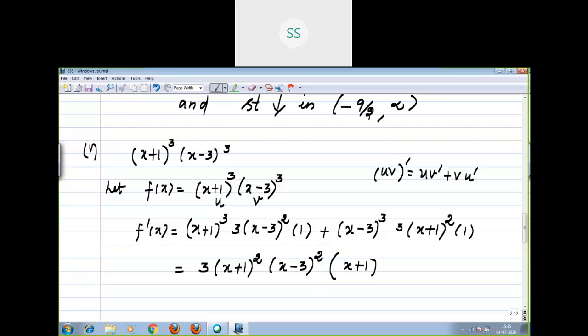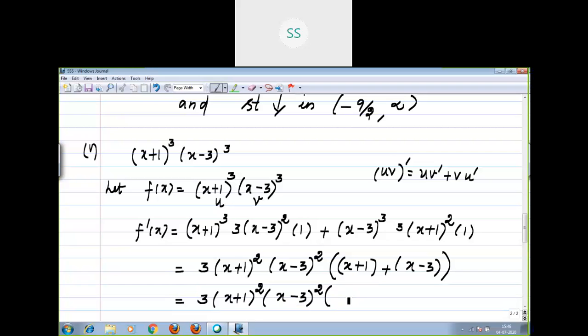What should be the rest in the second place? Yeah, very good, x minus 3. You have to be very careful, children. Only the least power you should take as a common factor out. Which is equal to 3 into x plus 1 the whole square, x minus 3 the whole square.